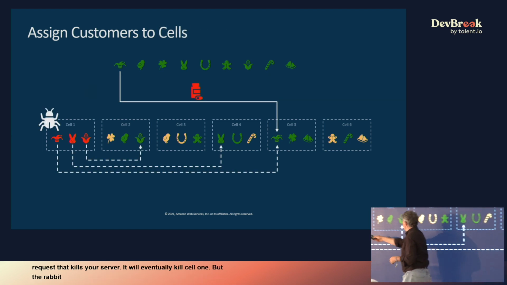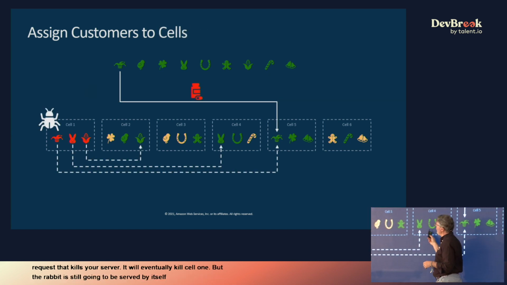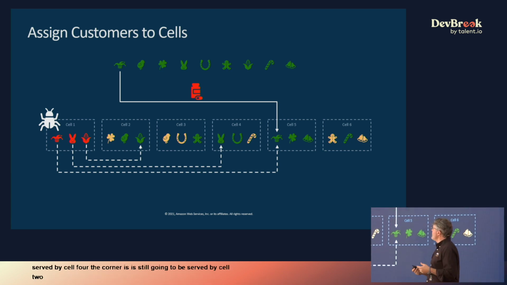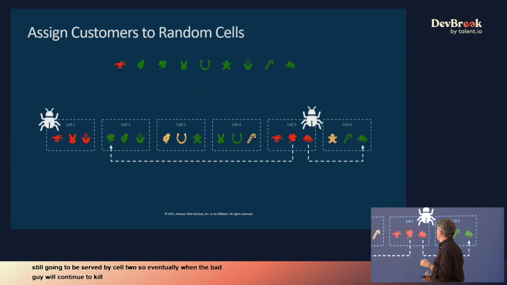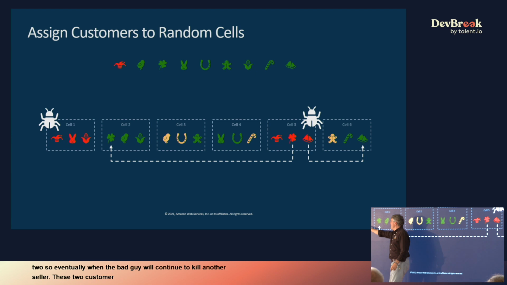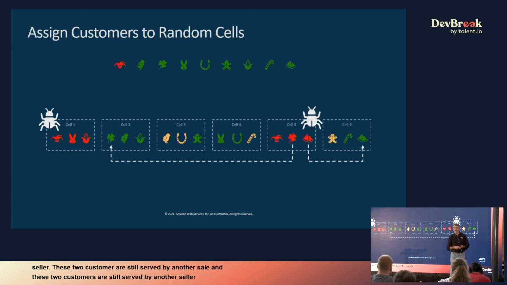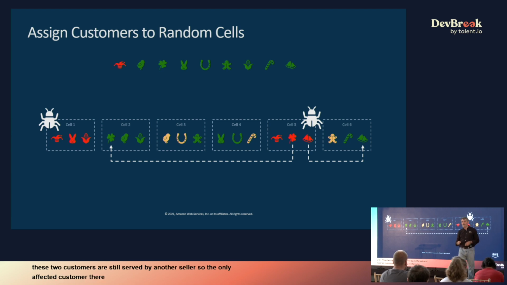But the rabbit is still going to be served by cell 4, the corn is still going to be served by cell 2. So eventually, when the bad guy continues to kill another cell, these two customers are still served by another cell. And these two customers are still served by another cell. So the only affected customer there is actually the one sending the poison pill.